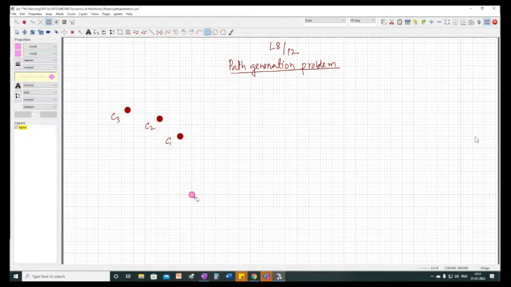Also, the point O4 is given, and that O4 point is, let's say, somewhere here. In the question, this O2, O4 is given, and you have to ensure these points.